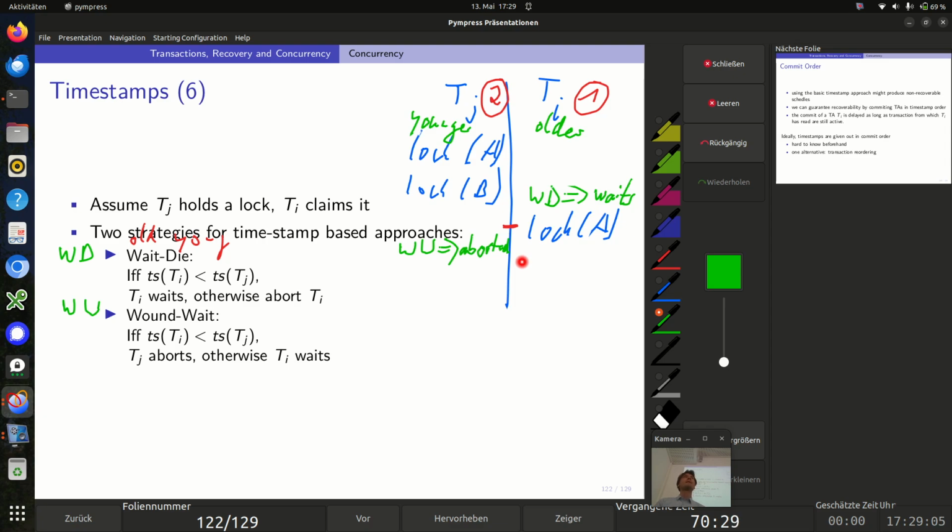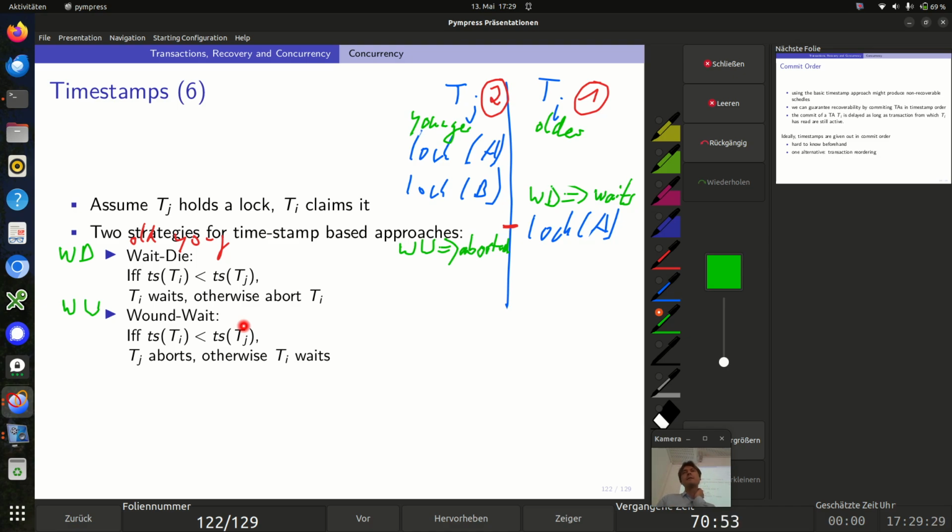With WD, does the abortion take place after an arbitrary runtime, or directly after the first one wants to acquire the lock? Sorry, can you please repeat your question?